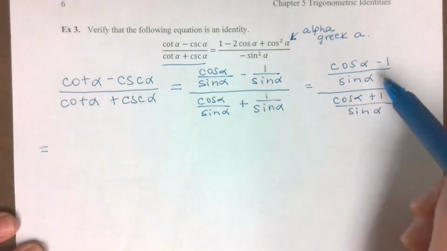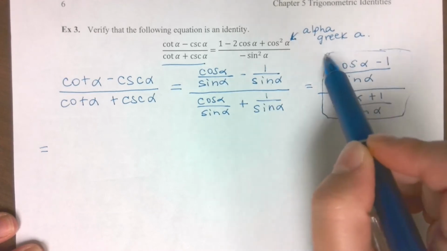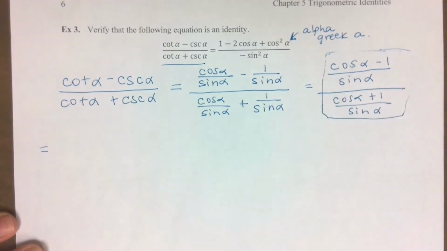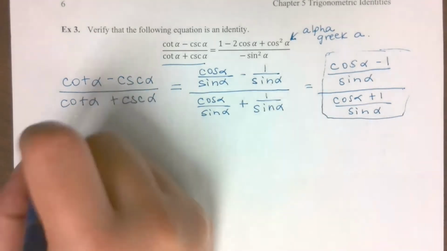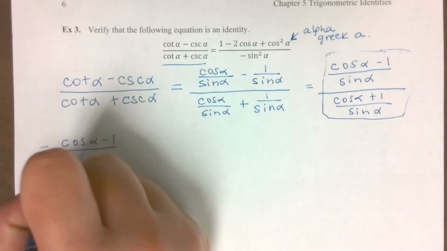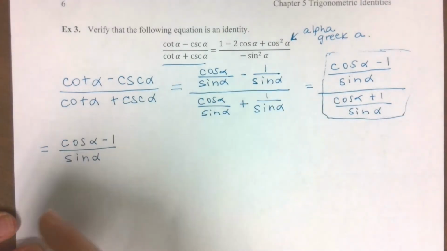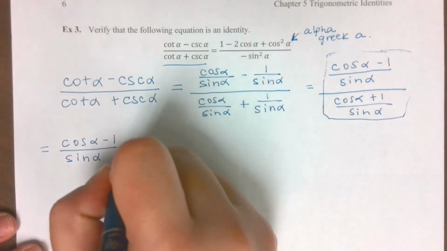Alright, so then I'm going to rewrite this. Instead of division, I'm going to write it as multiplication times the reciprocal. So our numerator, we have cosine alpha minus 1 over sine alpha. And then that division is the same thing as multiplying by the reciprocal of the denominator.